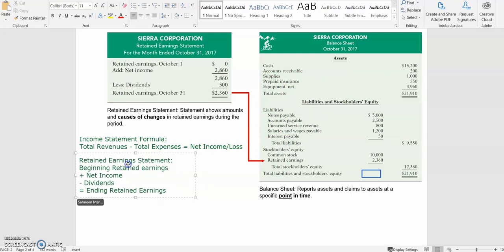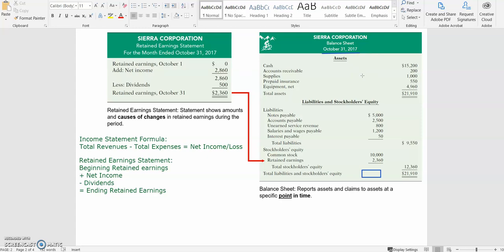So the balance sheet. You'll notice that the header indicates that this is prepared as of a specific date and time. So this is as of October 31st, and the company has a cutoff time on October 31st.